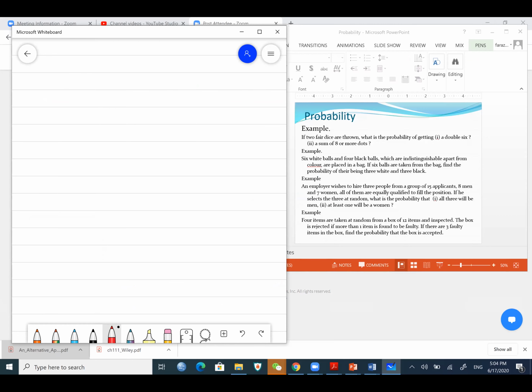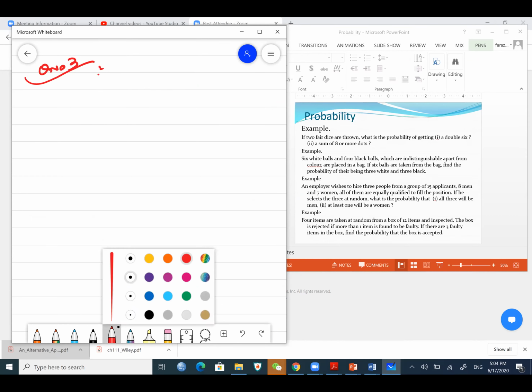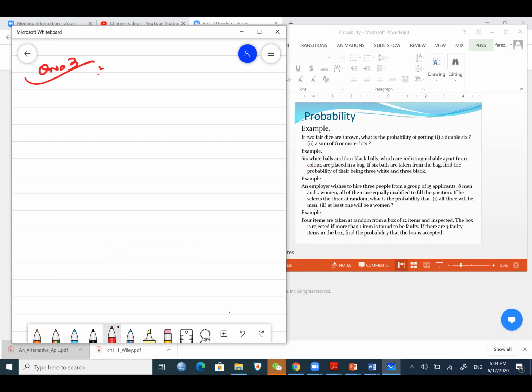Okay, question number 3. It says that an employer wishes to hire 3 people from a group of 15 applicants, 8 men and 7 women. 8 men, 7 women, total 15.